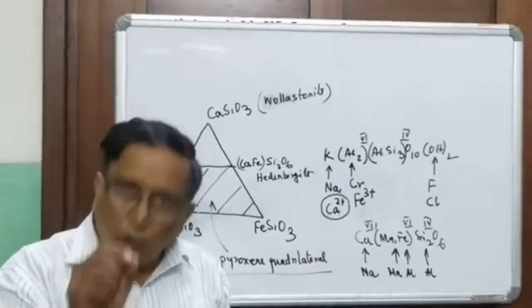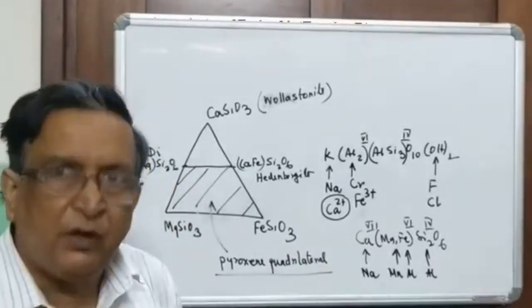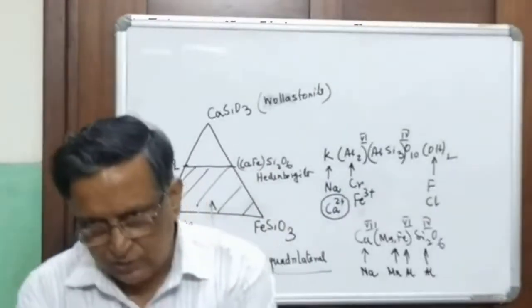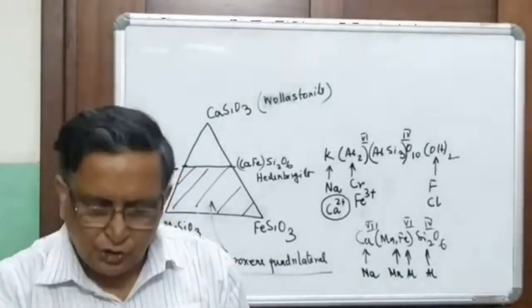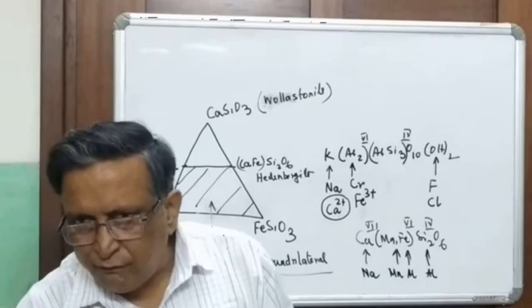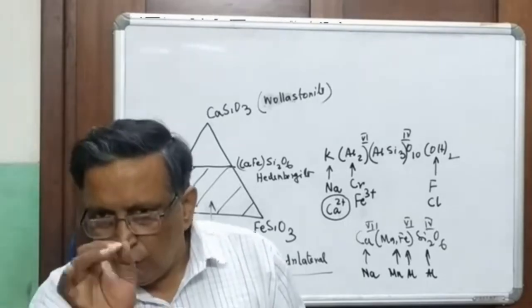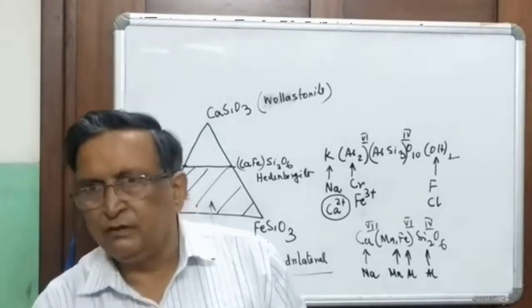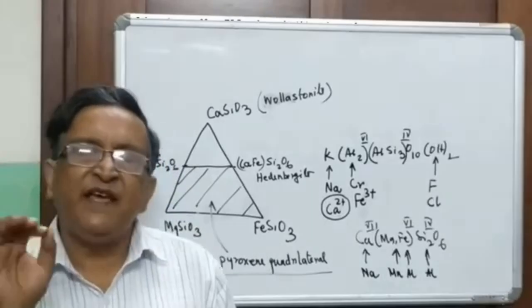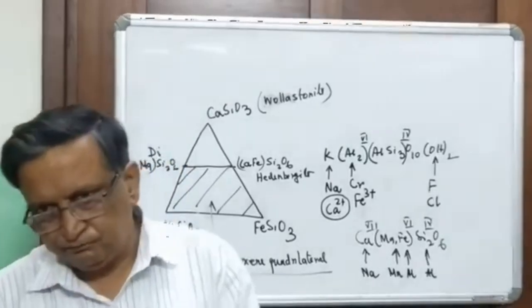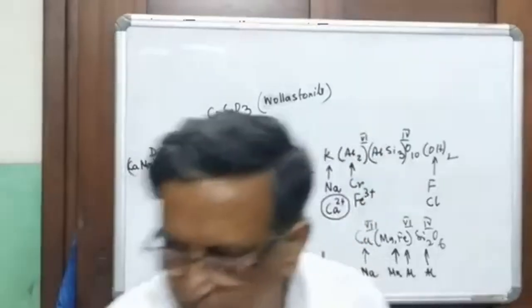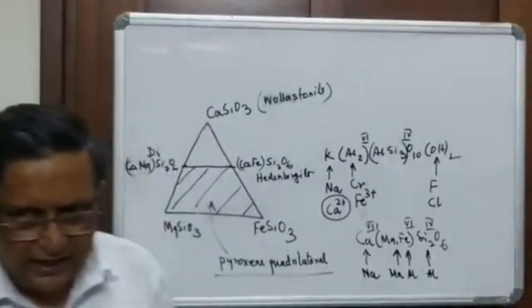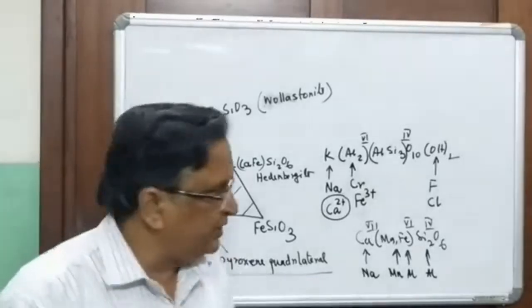So, before you find out the system components involving multi-minerals, the first thing that you should know is what is the formula given for each mineral. That is very, very crucial. So one more example to highlight the importance of system components.